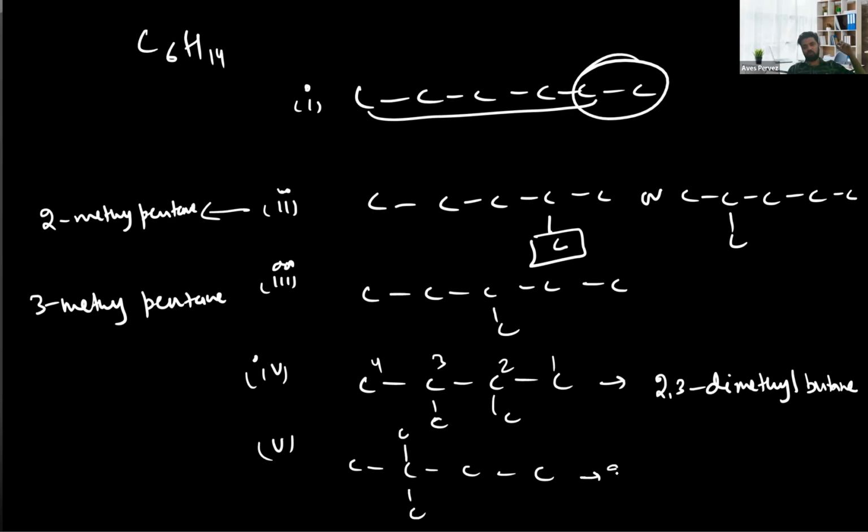This will be 2,2 dimethyl butane. Got it? Others are not possible. If you place both of them here, it is still 2,2 because we will number from here. Please draw this one. Draw all these.